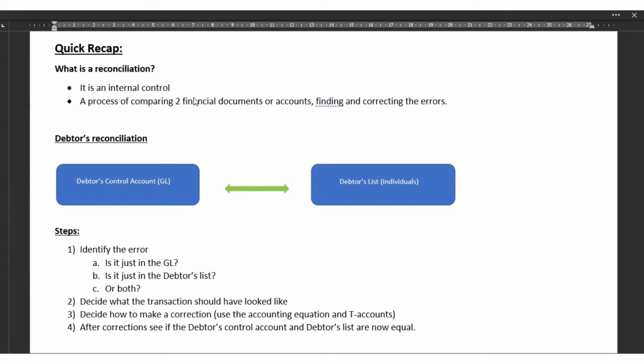If I'd done it correctly the first time, what would it have looked like? Your third step, how am I going to correct this? Good tools for this is using your accounting equation and or T accounts. After all corrections have been made, your debtors control account should equal the total of your debtors list.